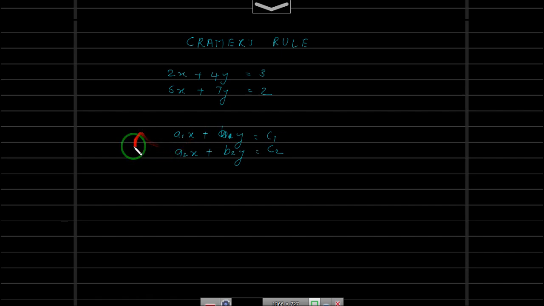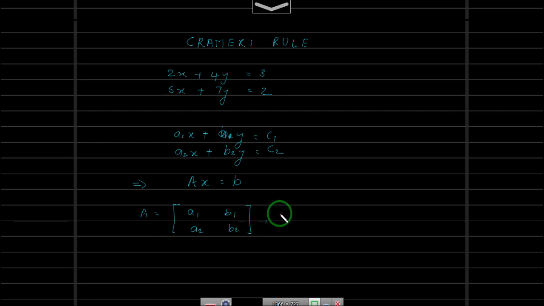Now what it says is, first, this system can be written in the form AX equals B, where A is a coefficient matrix like this: a1 b1, a2 b2.